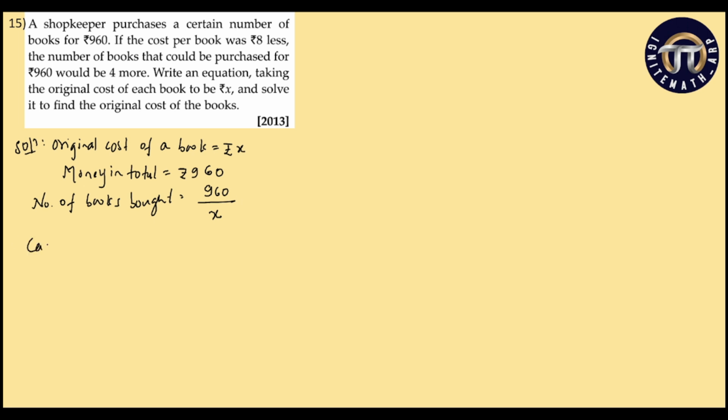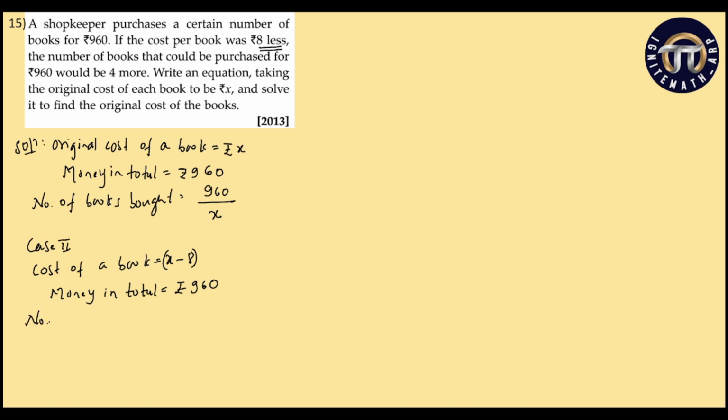Now in case 2, it is clearly given that the cost of the book is 8 rupees less, so the cost of a book is x minus 8. The money I have to spend on these books is the same, rupees 960.